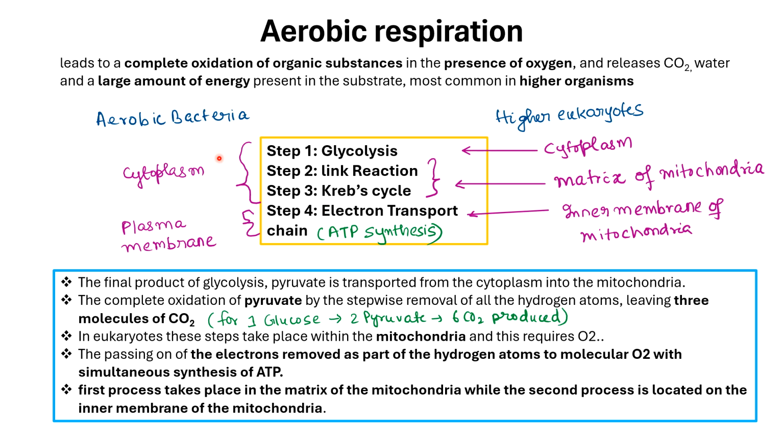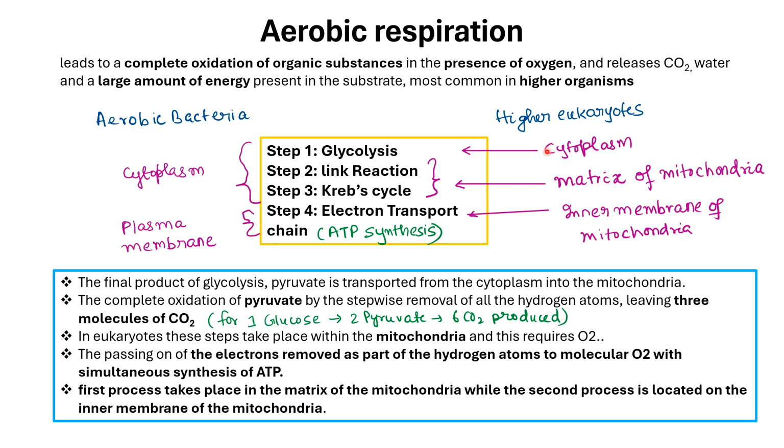Now, where do these particular reactions take place? Aerobic respiration can take place in aerobic bacteria as well as the higher eukaryotes. In aerobic bacteria, glycolysis, the link reaction, and the Krebs cycle take place in the cytoplasm, whereas the electron transport chain takes place in the plasma membrane.